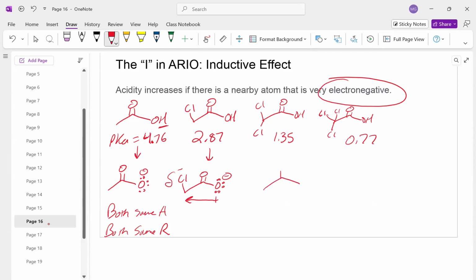And if I go to the extreme and look at 3 chlorines, now I have a lot of partial negative over on that side. So the inductive effect is stabilizing the ion through electronegativity.